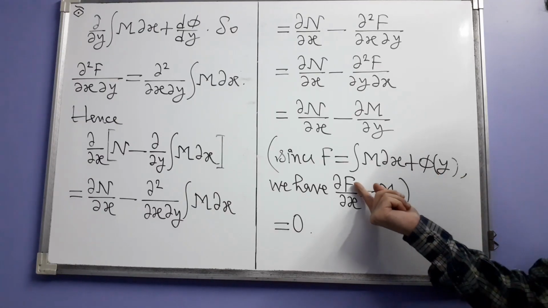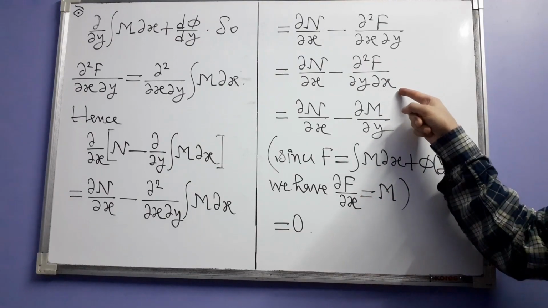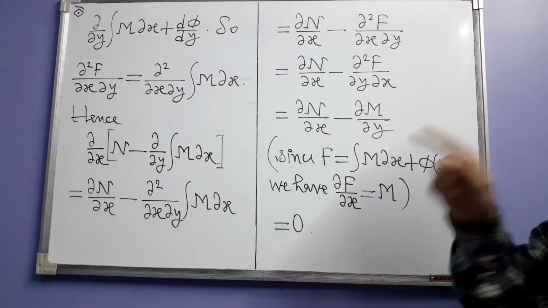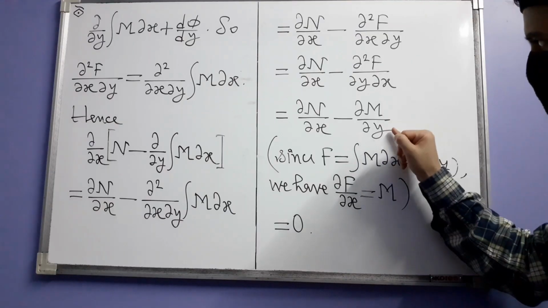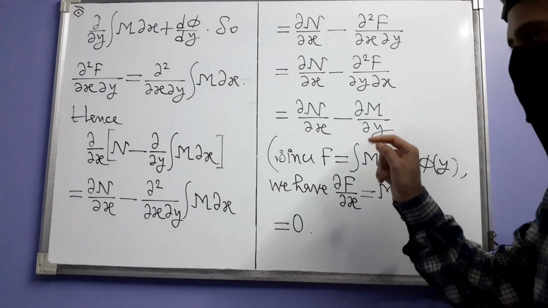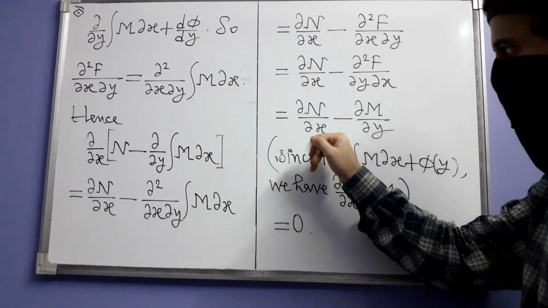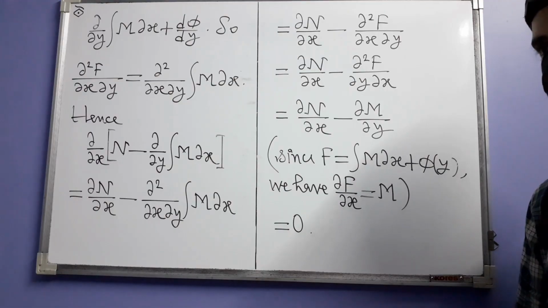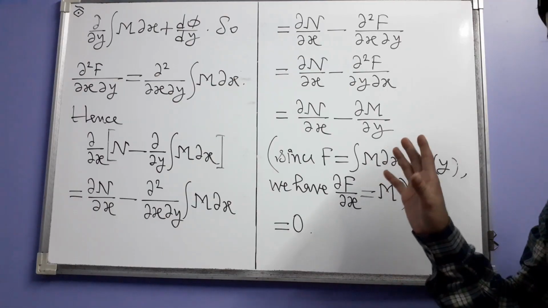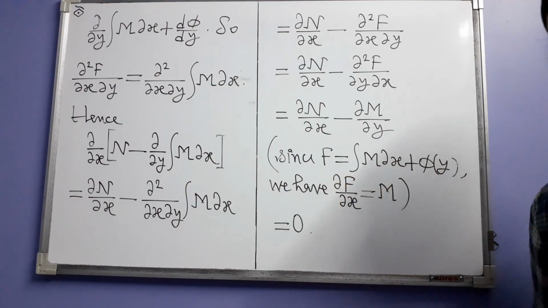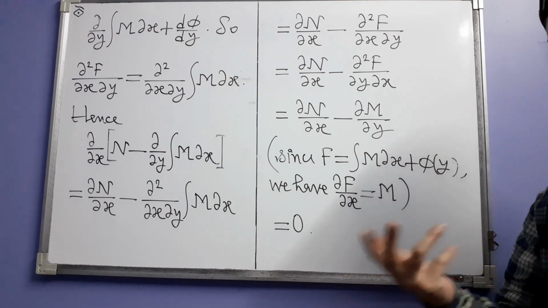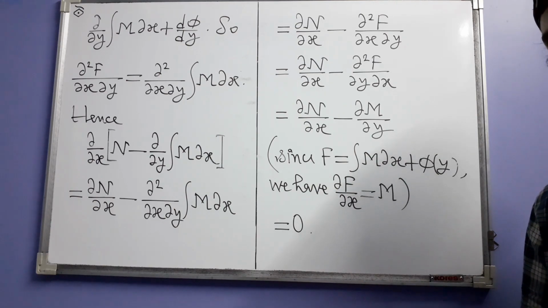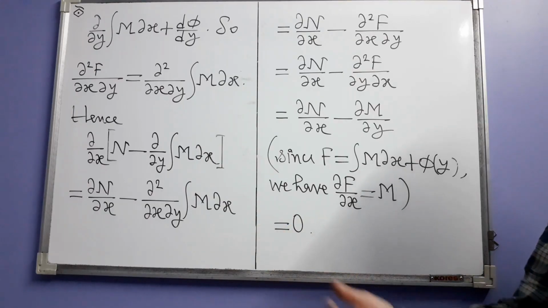So m equals del f del x, but this is the del y of del f del x, so this is del m del y. And now finally you use the hypothesis of part 2 that these two things are equal, so that way you get 0. So yes, your chosen f really works. It satisfies both the conditions. That means it is the function that we were seeking. But still there is some part left, so let's do that next.